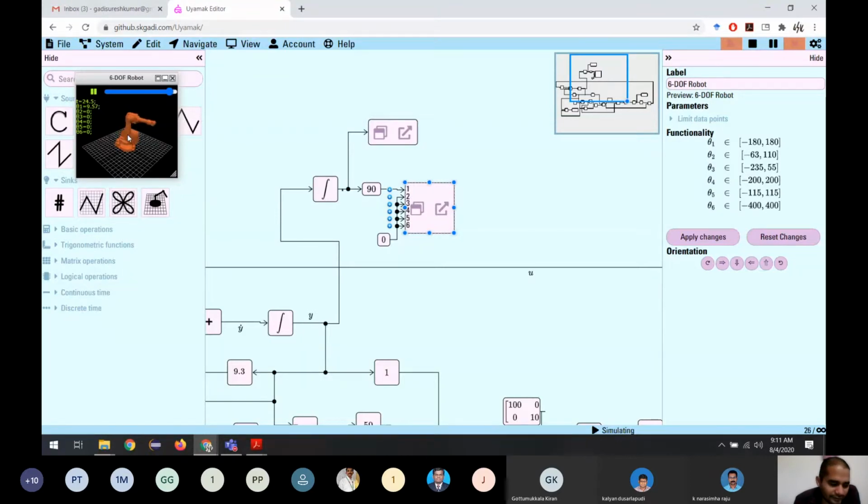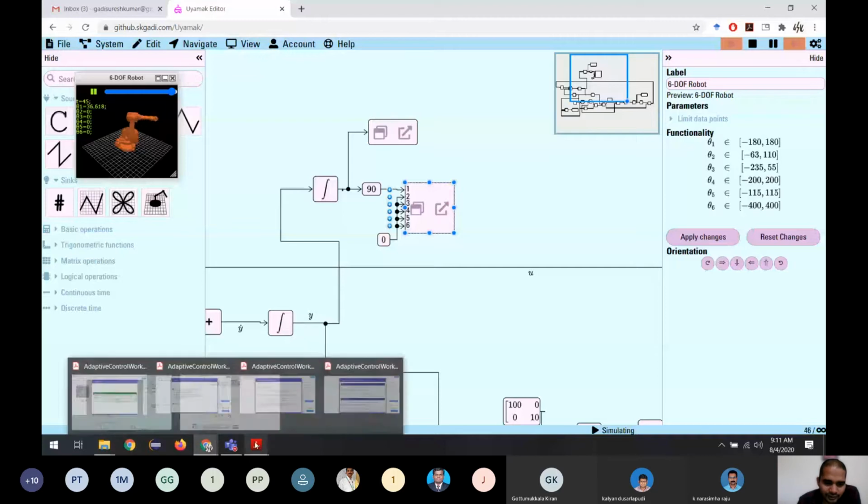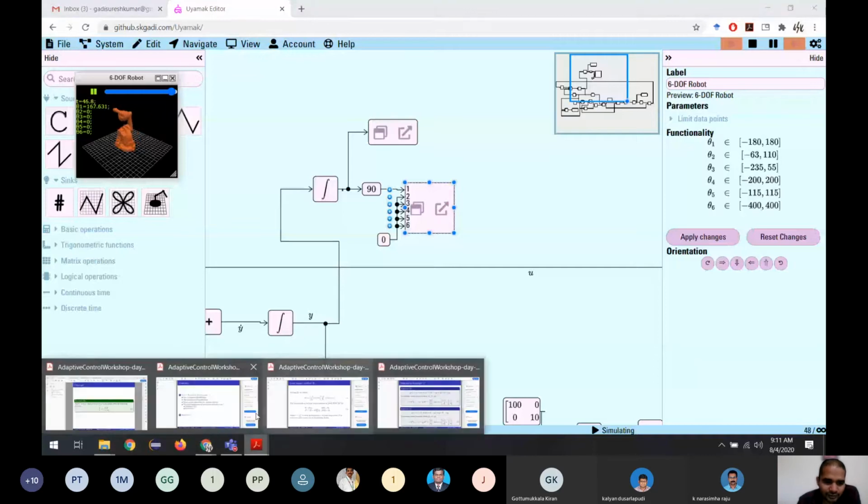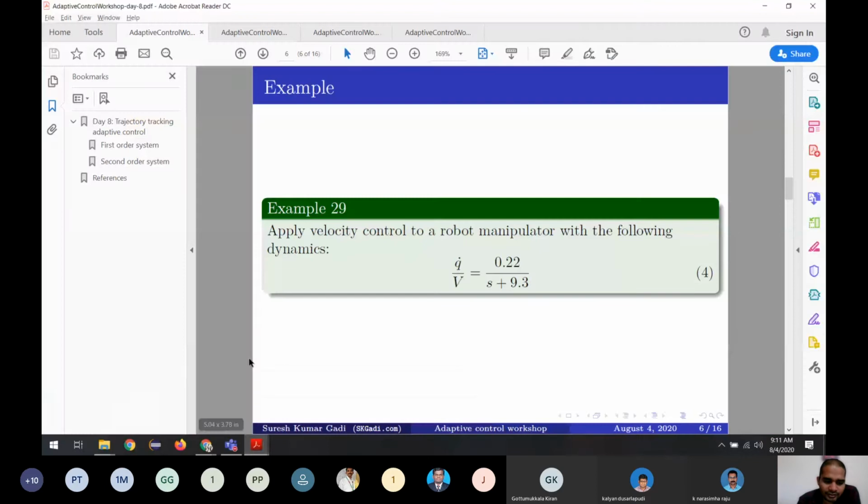But we know if the velocity is a sine wave, the position is also sinusoidal, because the integral of a sine wave is a cosine wave. So we get the movement in this format, like a sine wave. Okay. So any doubts, please ask me. Otherwise, we'll go to the second order system.